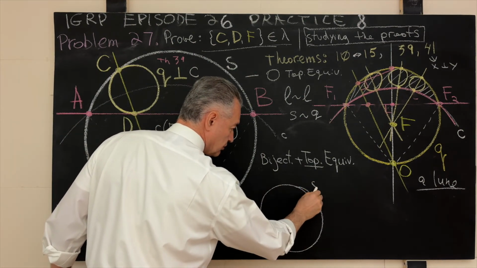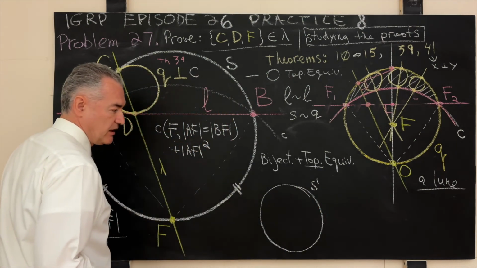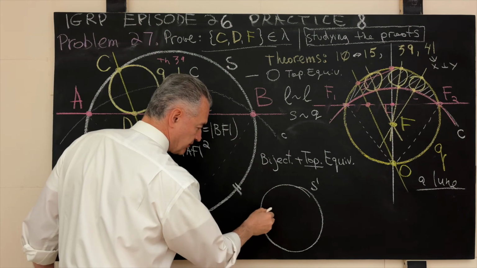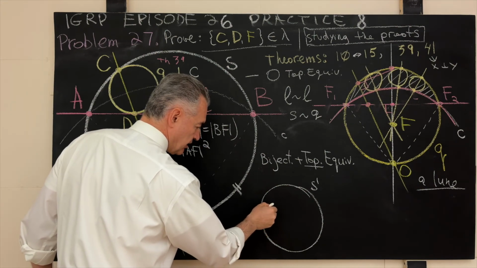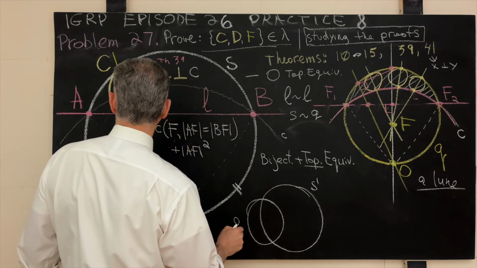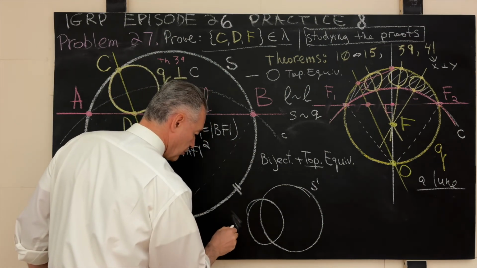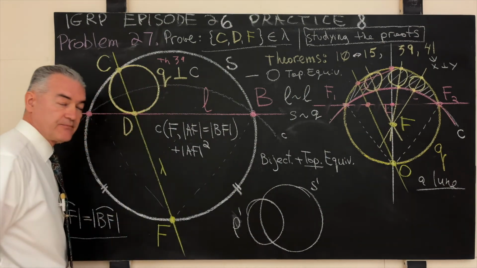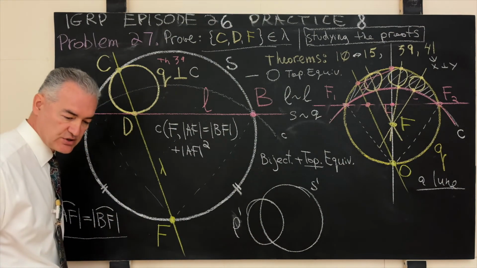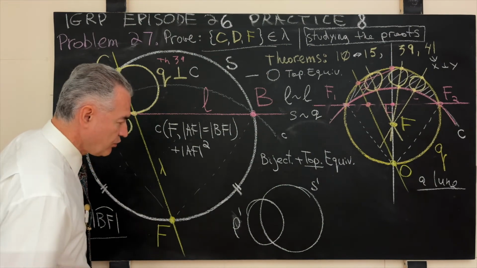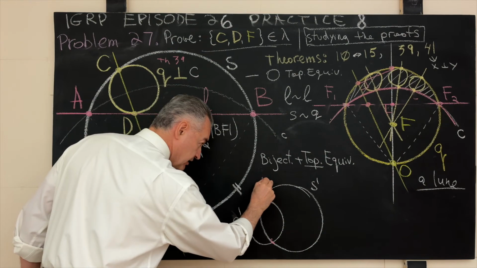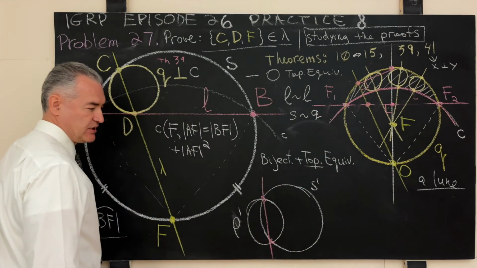We have the circle S prime, and we have a circle that intersects the circle S prime, and we will call it L prime. You see, we have two intersecting circles. That's the mystery initial configuration. In such a configuration, there always will be two distinct points, and these two distinct points will define a straight line.